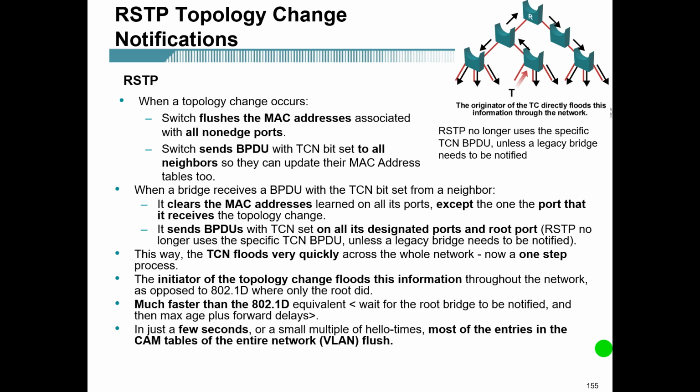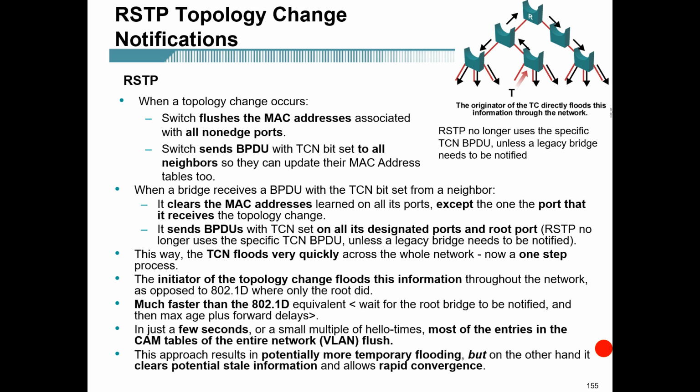In just a few seconds, or a small multiple of hello timers, most of the entries in the CAM table for the entire network should be flushed and corrected. This approach results in potentially more temporary flooding, but on the other hand, it ceases the stale state information and allows for rapid convergence.